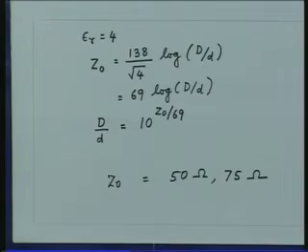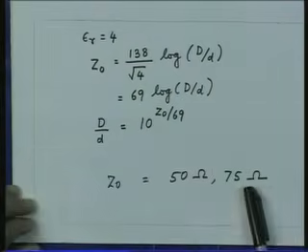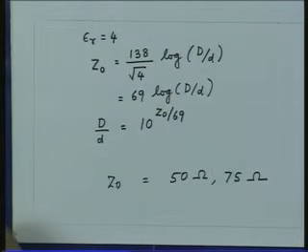Generally the cables are standardized for 50 ohms. However, whenever we go for antenna applications, we use a cable having characteristic impedance 75 ohms. The reason is that normally the antenna used in practice, as we will see a little later, is the half wave dipole, and its input impedance is very close to 75 ohms.